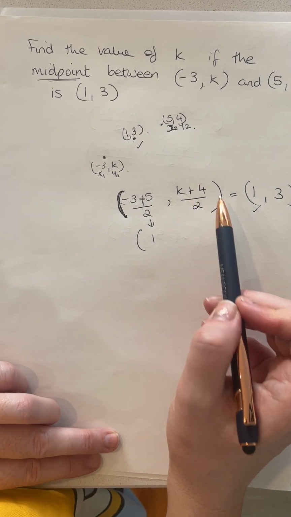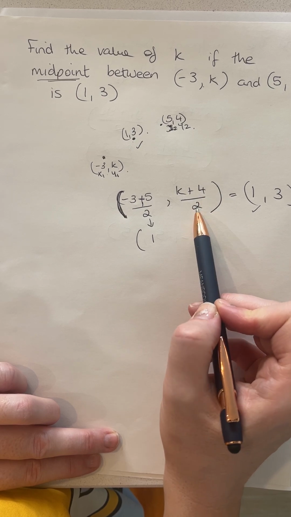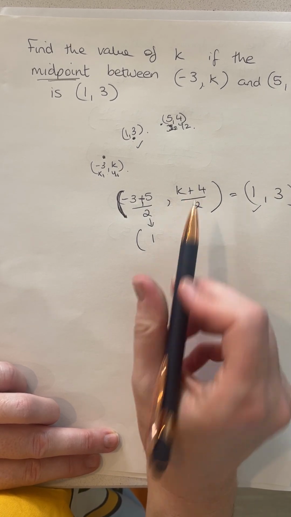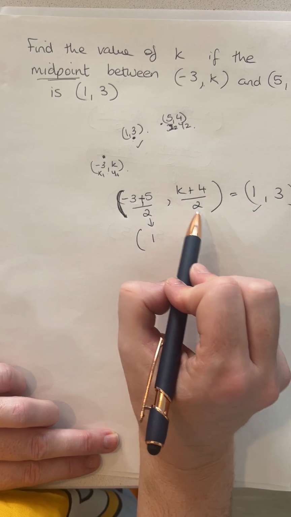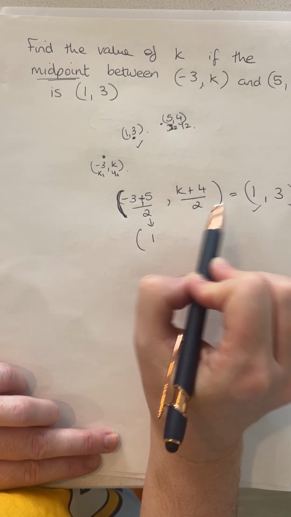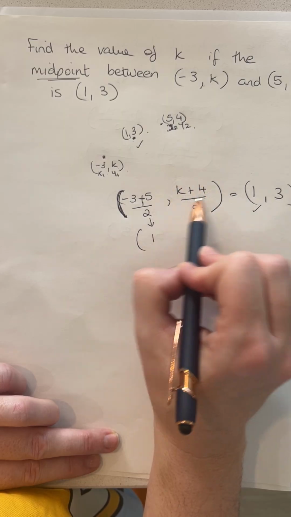And over here, what number, when I add 4 to it and then divide by 2, would give me 3? So we can use our algebra, or we can just guess and check. So remember, when we divide the number by 2, we need to get a 3. So we want what's on the top here to be a 6.